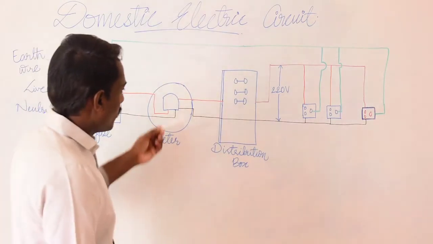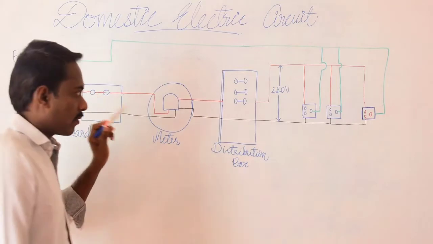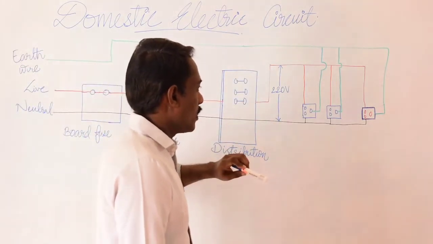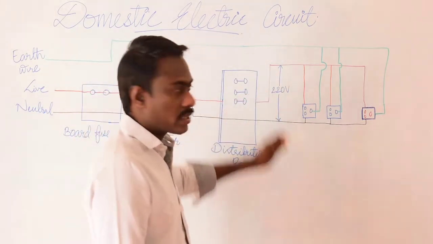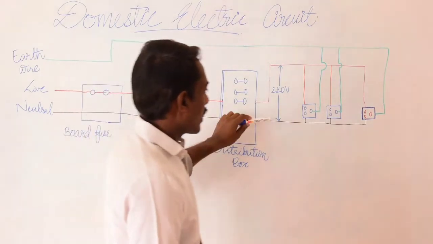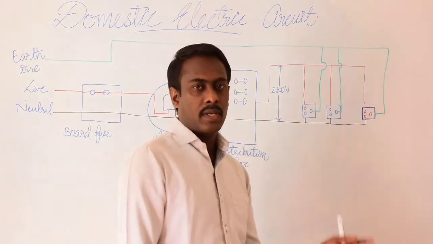Here we can see the neutral wire and live wire are parallel with each other. In India, the potential difference between the live and neutral wire is 220 volts, and they are connected in parallel to each socket or appliance.